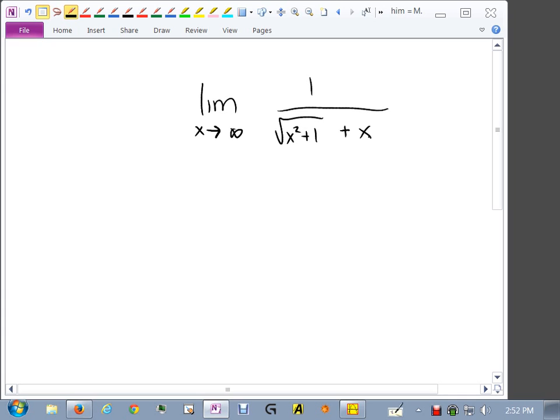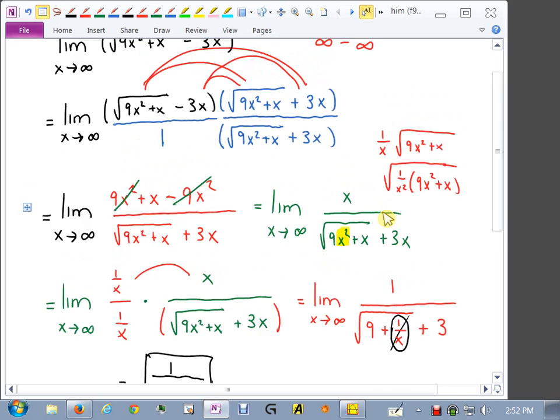Why? What's the form of this limit? Fixed over infinity. What's the answer to fixed over infinity? 0 always.